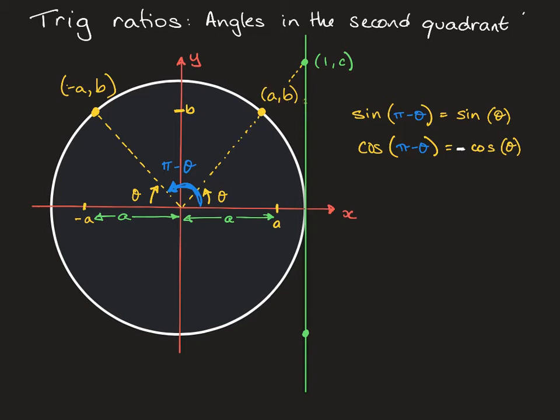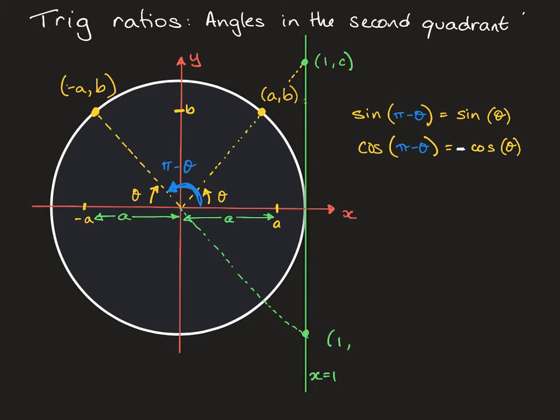So let's look at the tan relationship. For tan of this angle here, we use the point at the circumference and the point in the centre of the circle to create a straight line and extend that line in whichever direction we need to until it cuts this tangent line here. The x-coordinate of that point is 1 because it's on the line x is equal to 1.